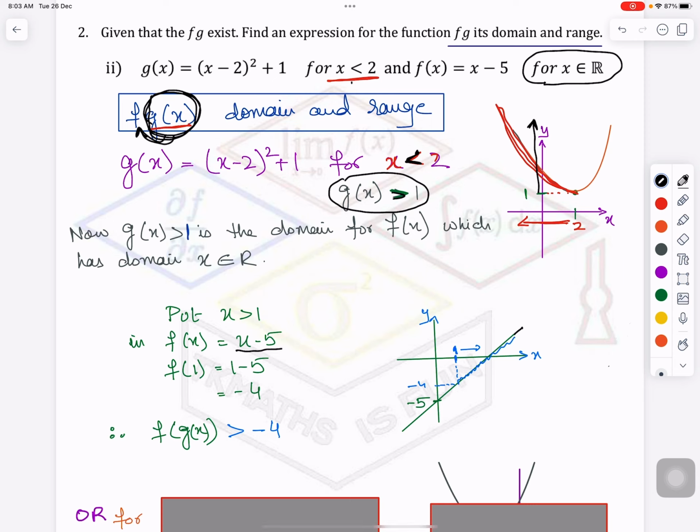So when I sketch it here, x minus 5, and I'm looking at the values of y for which x is greater than 1, right? This is 1. So I'm talking about this part of the curve. So if I come here, this is the graph I'm talking about. So what are the values of y on it? The values of y on it are greater than minus 4.